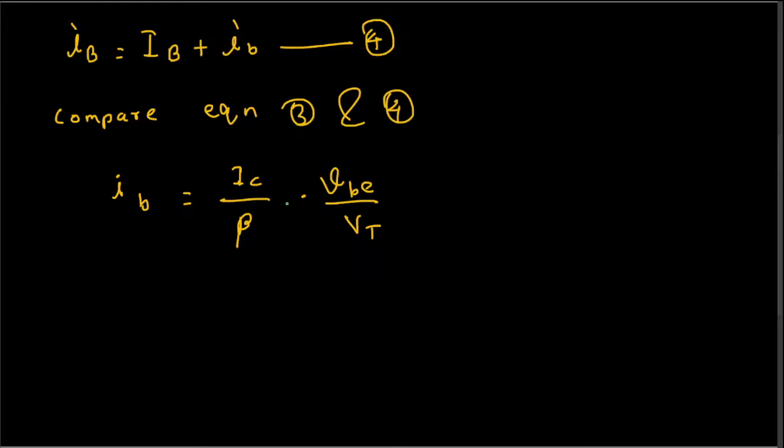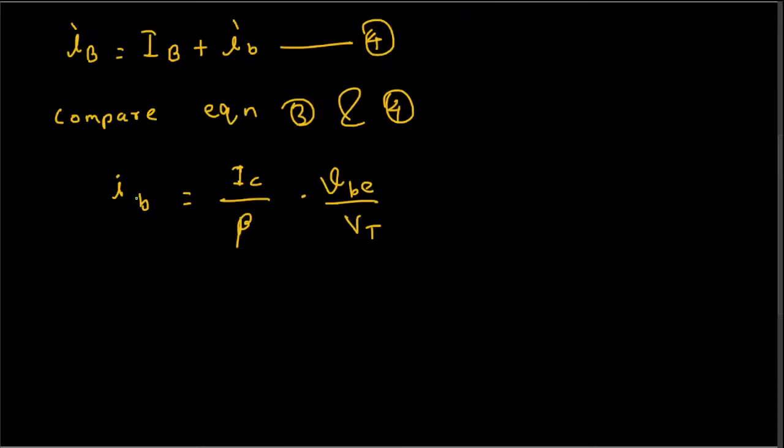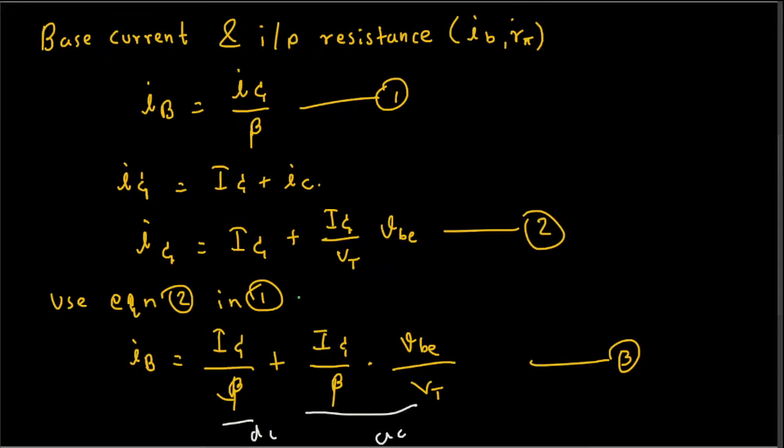Okay, and from this one here, you can also see here we have the DC part, and this one is AC. And here also you see the AC. We are writing the equation for ib. This is the AC base current, and that expression comes from this capital IC over beta, VB over VT.